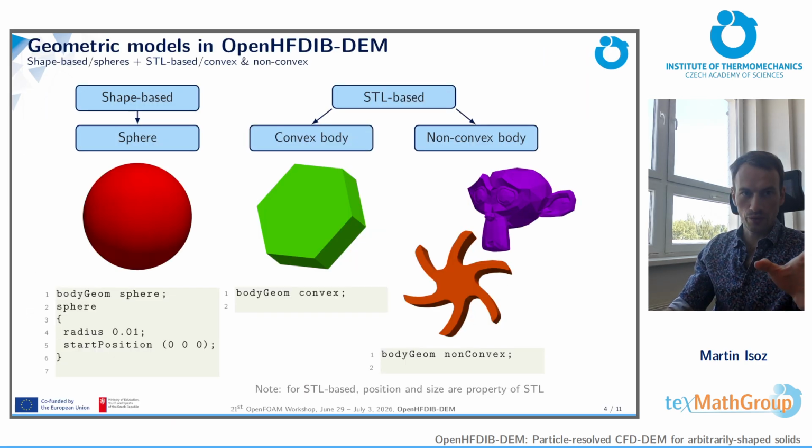For the relevant capabilities, our library can work with shape-based solids, and there is at the moment only one of them, a sphere, or with STL-based solids that, due to computational complexity, are further split into convex bodies, such as this glitter particle, or non-convex bodies, such as this Blender monkey Suzy, or this impeller.